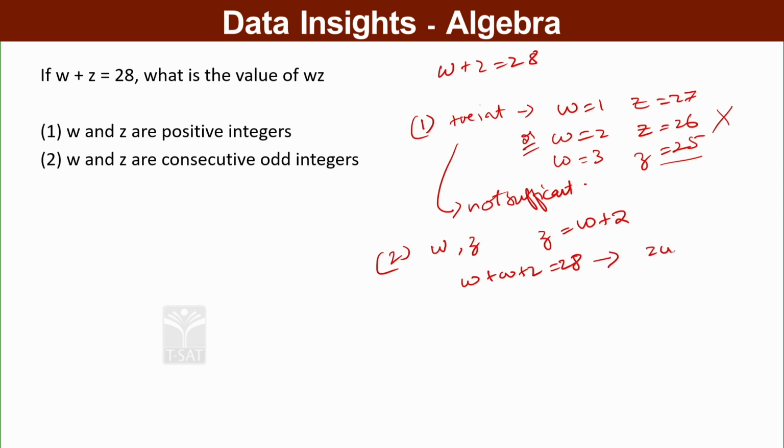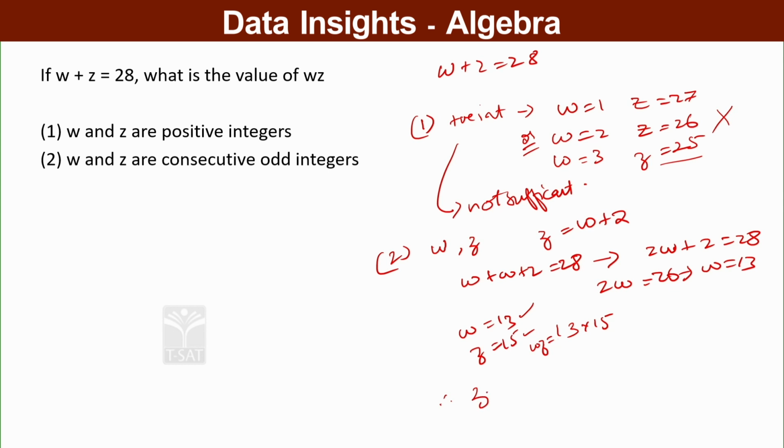So, 2w plus 2 is equal to 28. 2w is equal to 26. So, w is equal to 13. W is 13, z will be w plus 2, that is 15. There is only one possible combination. So, that means that the product wz is equal to 13 into 15. We do not need to calculate it. All we need to say is yes, the information given is sufficient. So, the answer comes out to be option B.